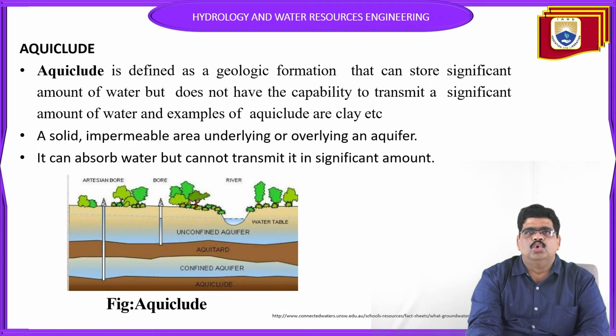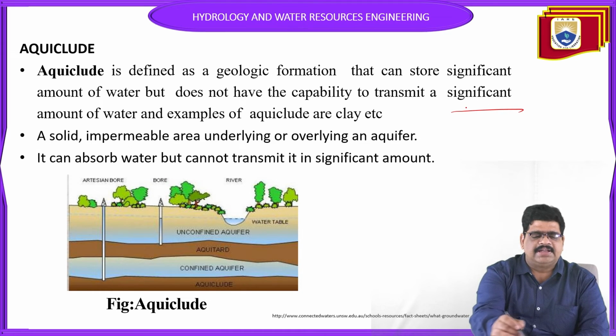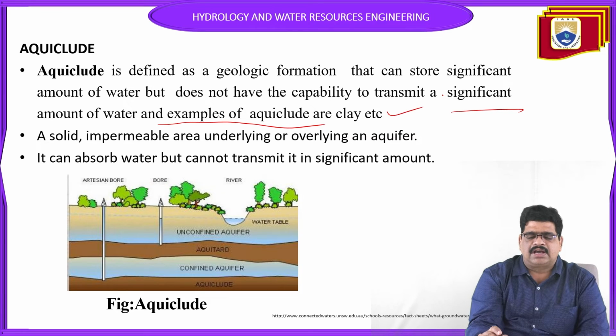Next, aquaclude. What is meant by aquaclude? An aquaclude is a geological formation that can store a significant amount of water but does not have the capability to transmit a significant amount of water. Examples of aquaclude are clay, etc. That is the best example for the aquaclude.